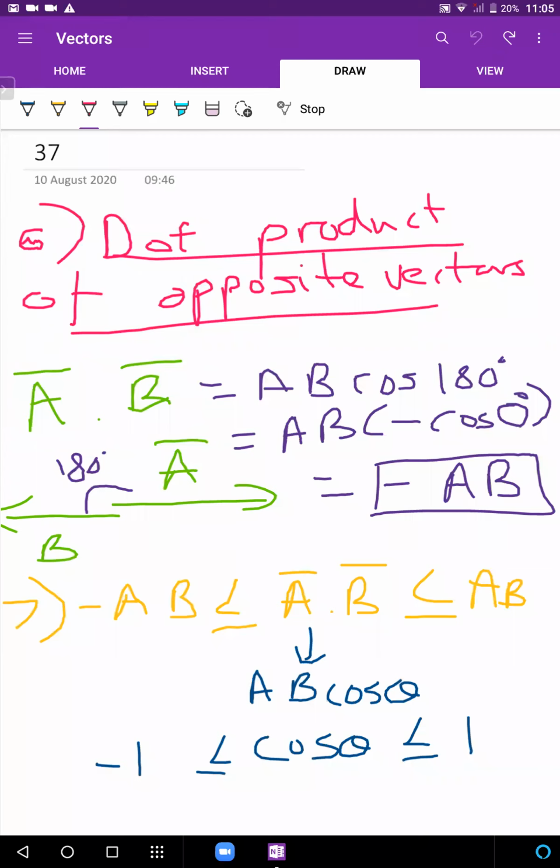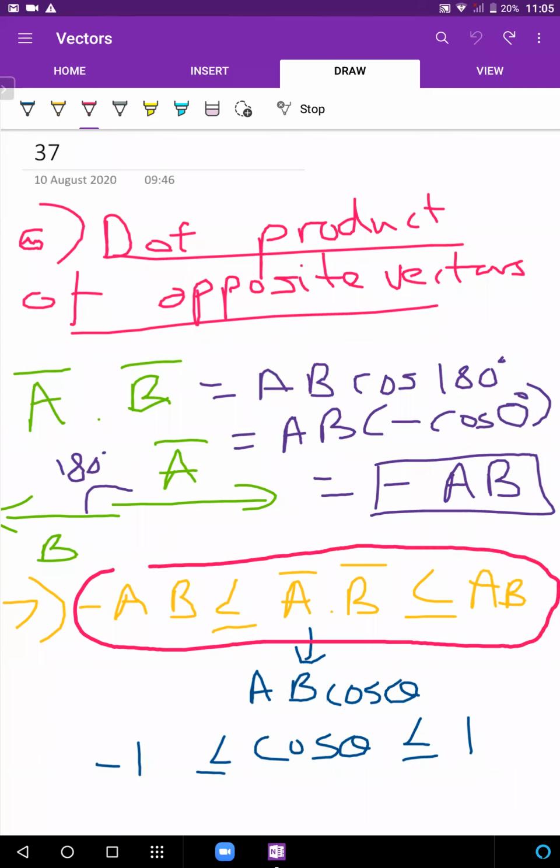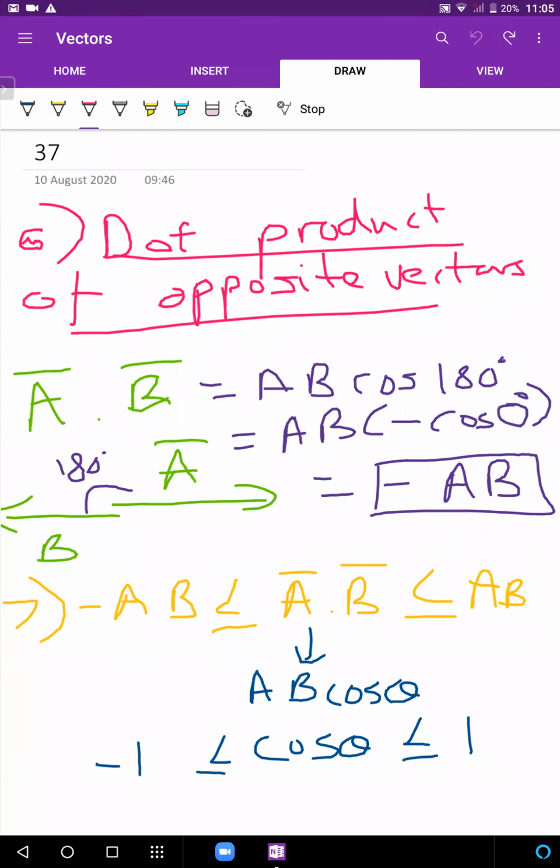समझ में आया? And then what I can also say is I can say the dot product of two vectors will lie between these extremes. 6 वापस समझा देता हूँ. हाँ तो देखो वापस, अगर anti-parallel है तो angle उनके बीच में 180 है. डॉट प्रोडक्ट का फॉर्मूला लगाओ ना, AB cos θ. If θ is 180, cos 180 degrees is -1. I think you learned this in the other track as well.